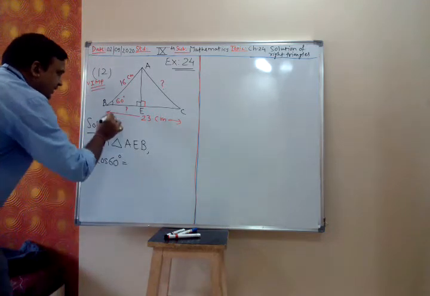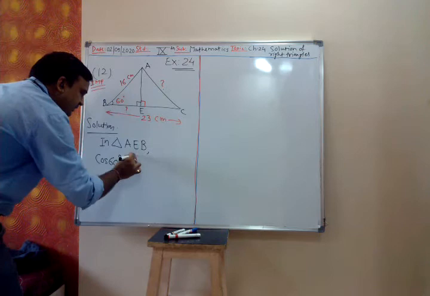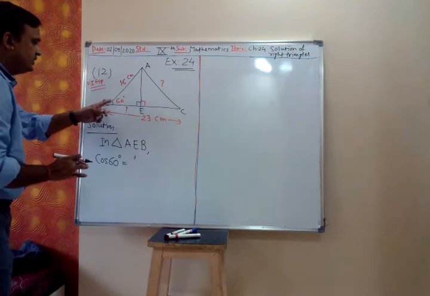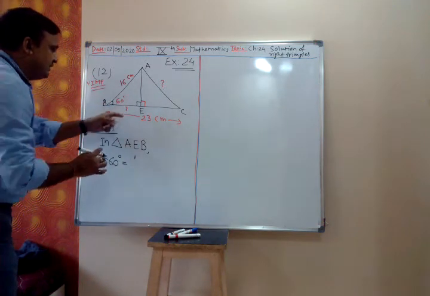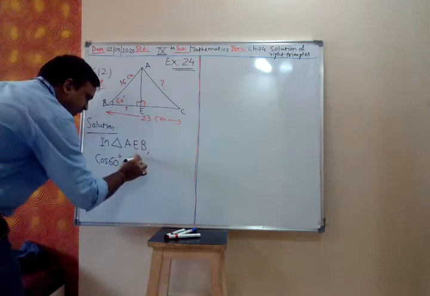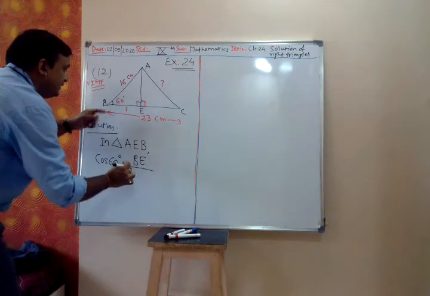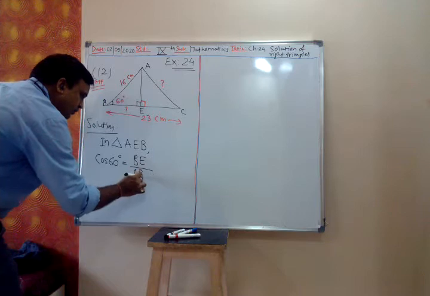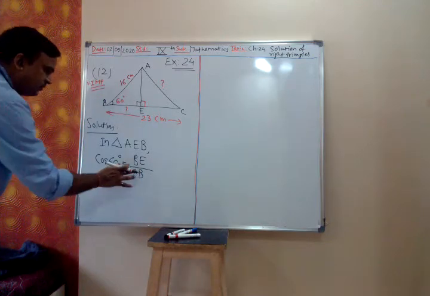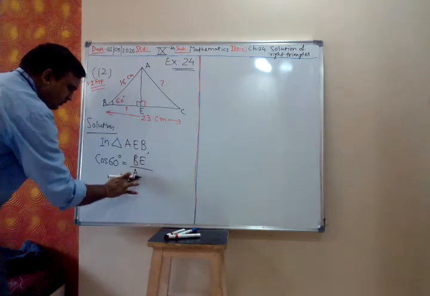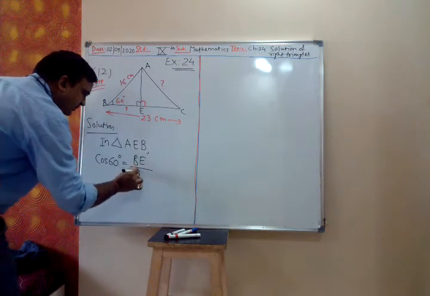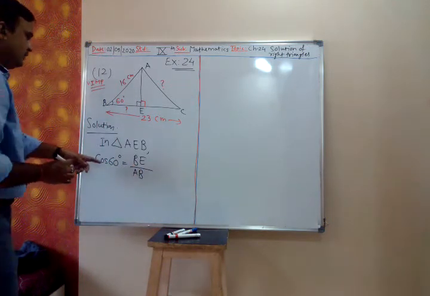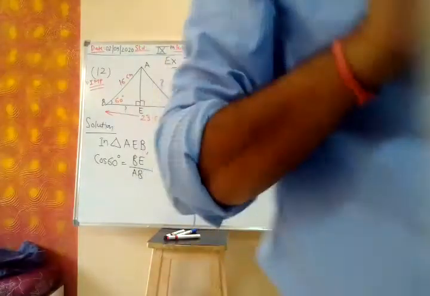Cos 60 degree is adjacent BE upon hypotenuse AB. What is cos 60 degree?